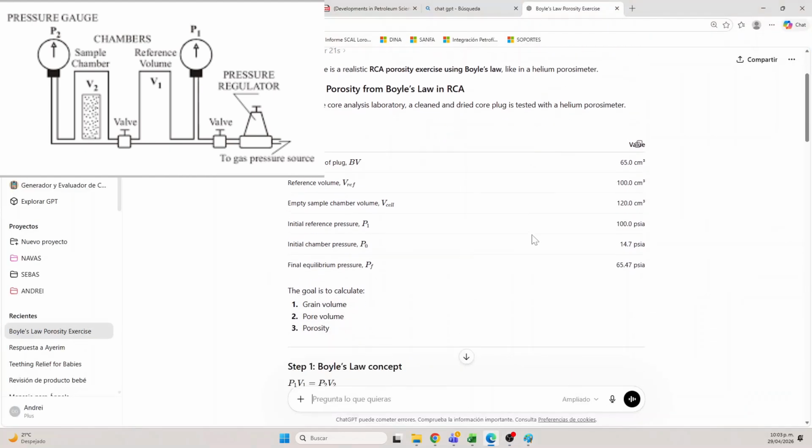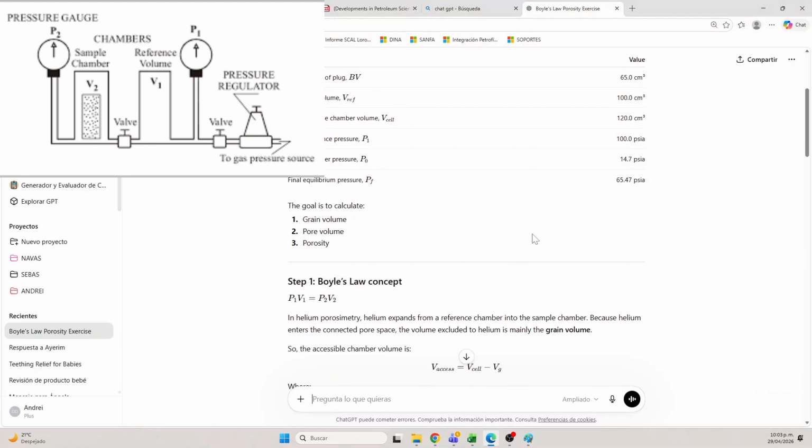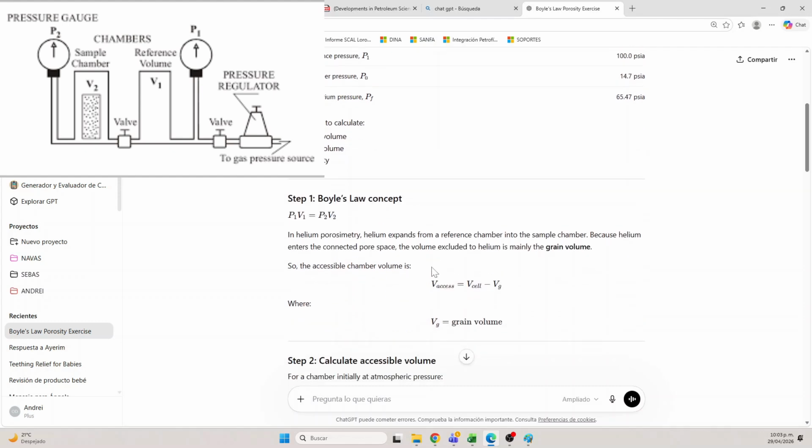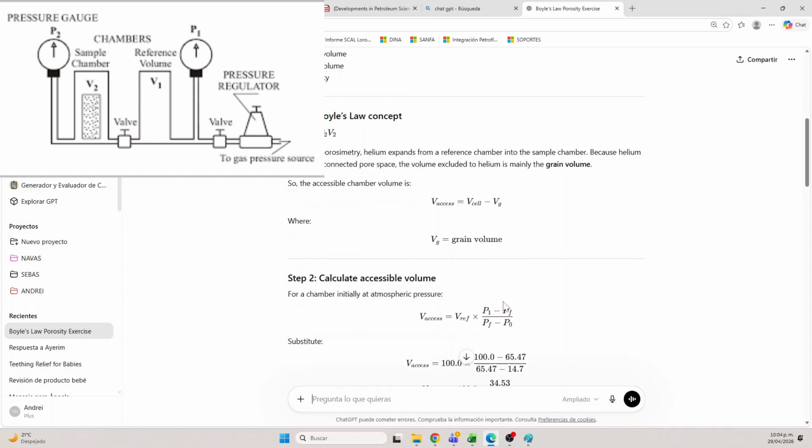Okay, so this grain volume is going to be calculated using the Boyle's law concept. When you open the valve and let the system get into equilibrium, you have an initial phase and a final equilibrium phase. Your initial conditions are going to be P1 V1, and the end conditions are going to be P2 V2. We already said that the accessible volume is going to be V cell minus the volume of the grains.